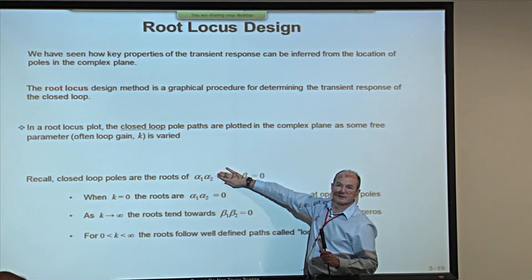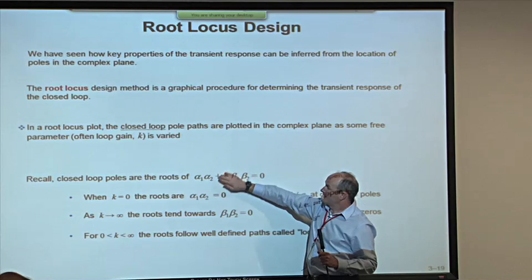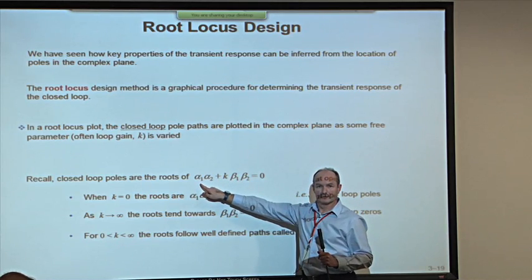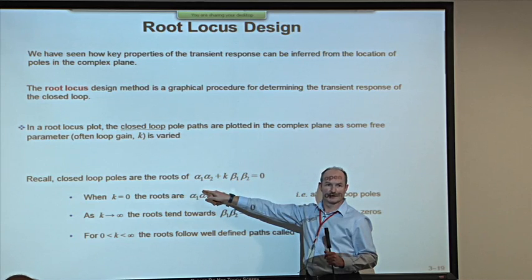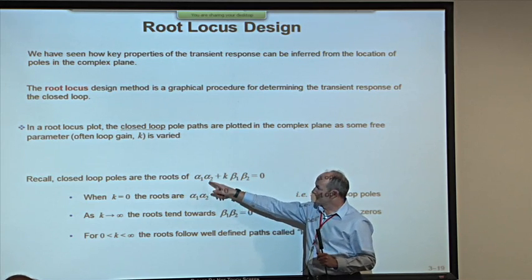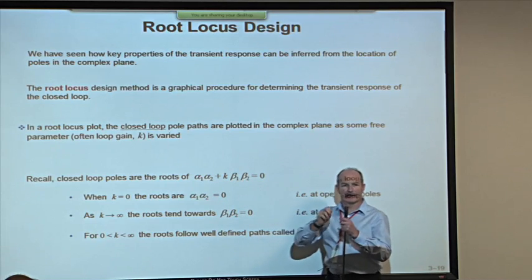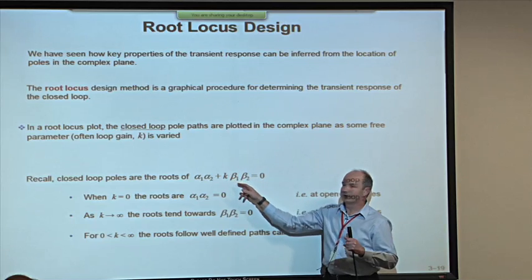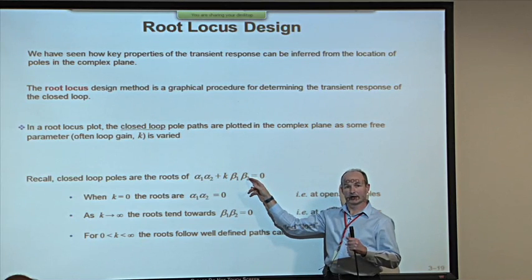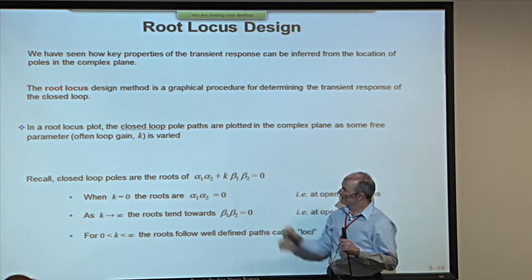In other words, the closed loop poles are the same as the open loop poles when there is 0 gain. We shouldn't be surprised. 0 gain means the loop is open. So the poles are where they should be. And as we increase k, what happens is that the closed loop poles tend towards the open loop zeros, beta 1, beta 2. When k is infinite, that's where they are.